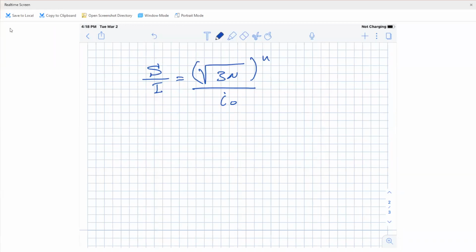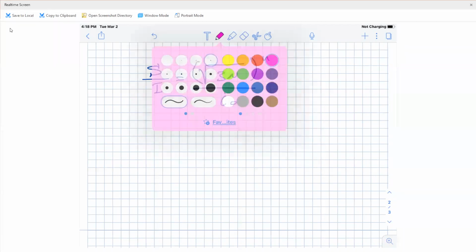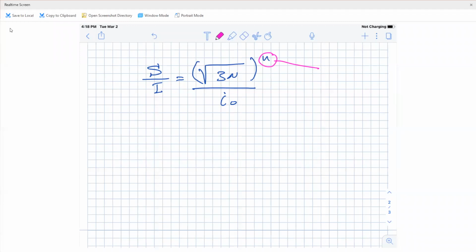So what we are going to do, look, please. We said that n depends upon the environment, the channel characteristics, and it will be constant. In urban areas or city centers, it will be 3 to 4, constant.